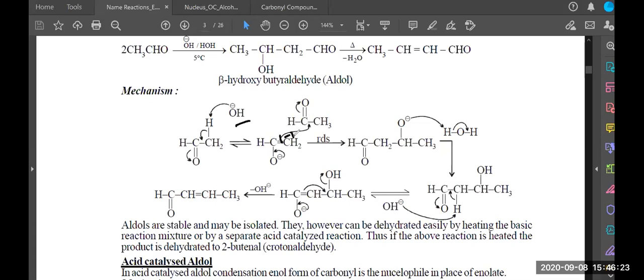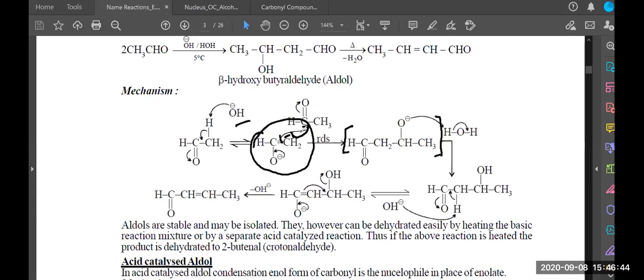Okay, right, everyone? So it will attack here. Okay, we will have a condensation product. Now condensation product is nothing but the addition of a nucleophile, right, everyone? If you think that this is a nucleophile, it is nothing but addition of nucleophile.